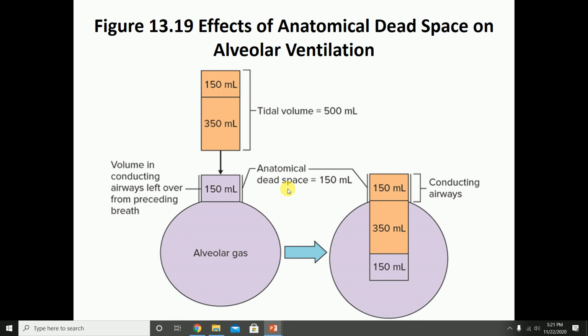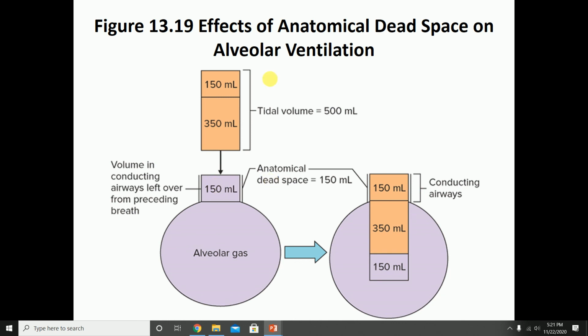A dead space is an area in the respiratory tract where there is no exchange of gas, which basically means it's in the conducting airways. So out of that tidal volume, 350 will get into the alveoli, and the remaining 150 milliliters remains in the anatomical dead space.